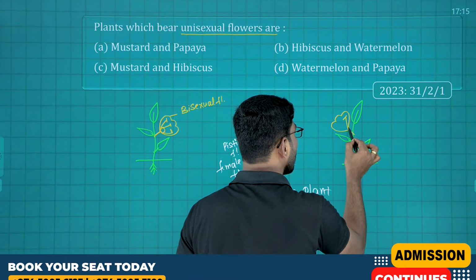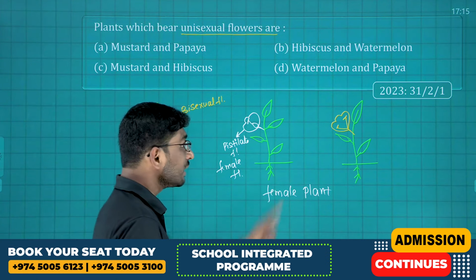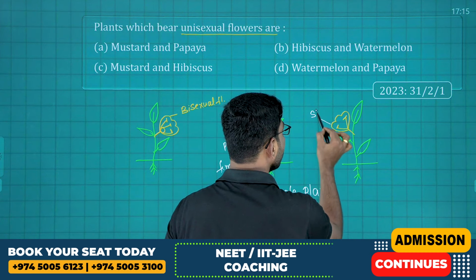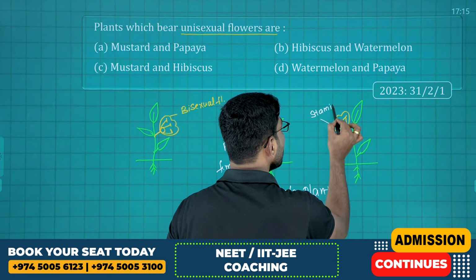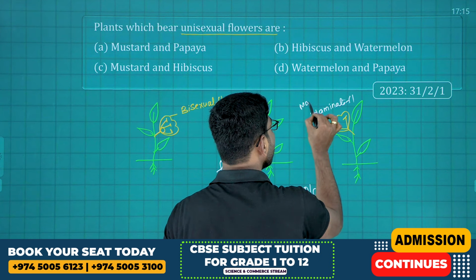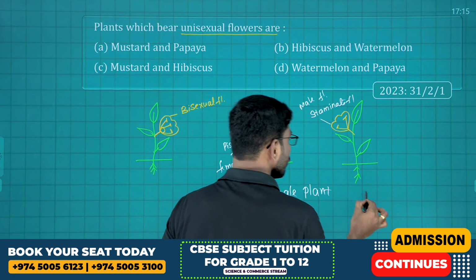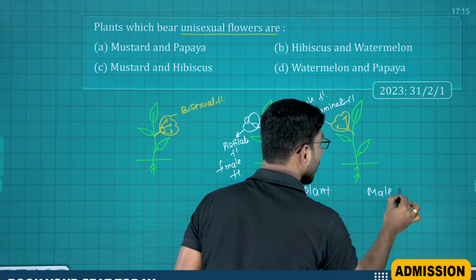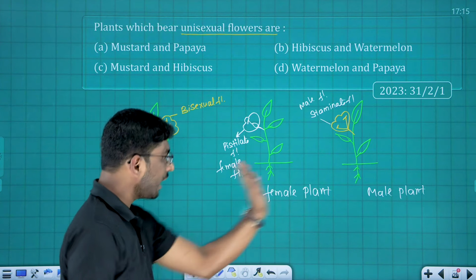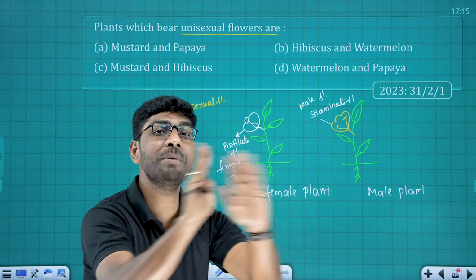There is no carpel, like this stamen. Such types of flowers are called staminate flowers. Staminate flowers are called male flowers. Remember all of you, male flowers. So this is called a male plant. So female plant and male plant are completely separate.